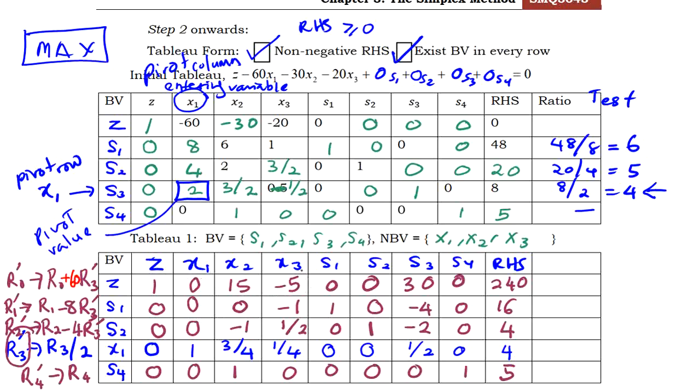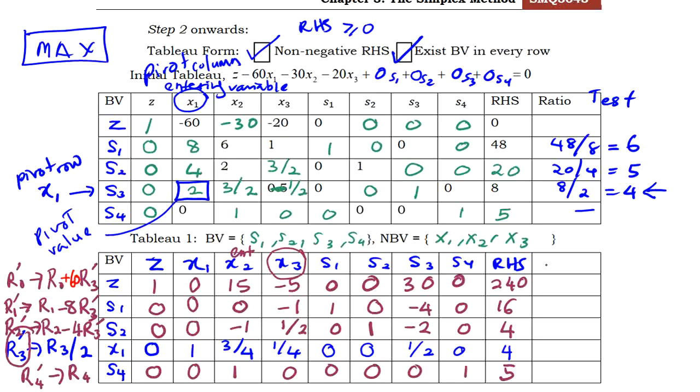We need to choose the most negative coefficient, so x3 is the entering variable. It means that this tableau is not optimal yet because it still has a negative coefficient at row 0. Okay, so x3 will become the entering variable.